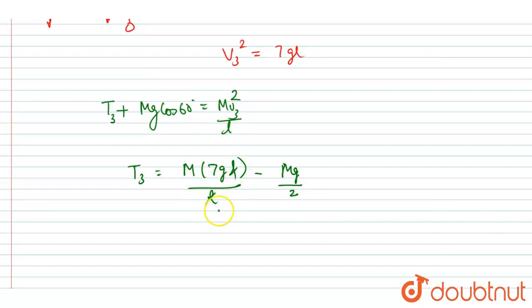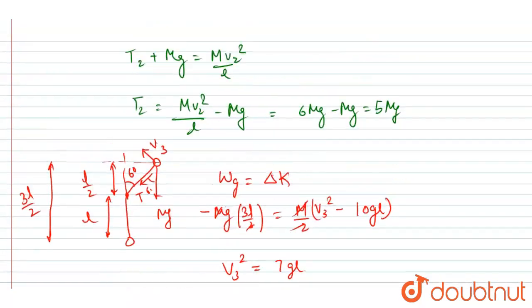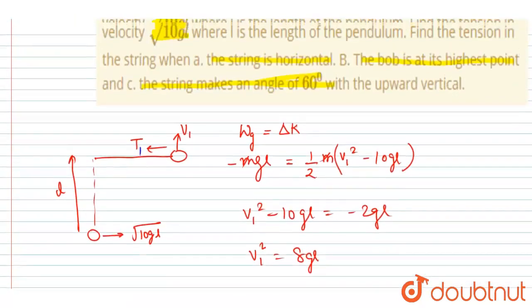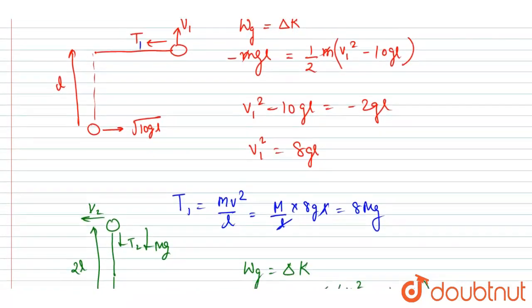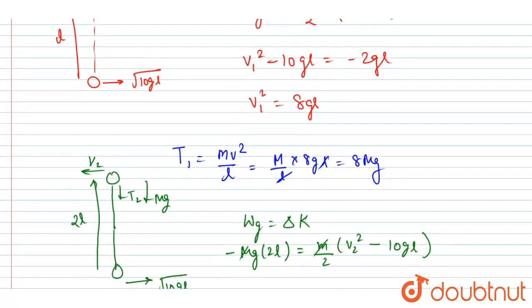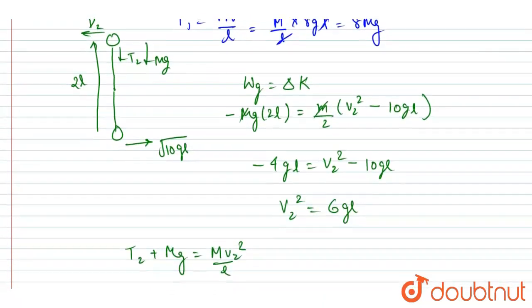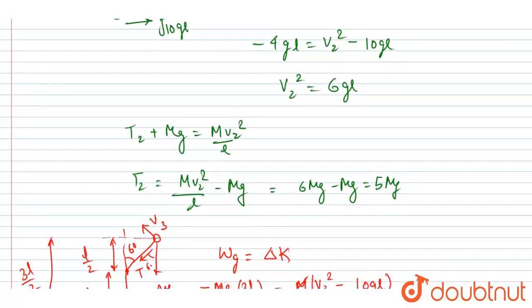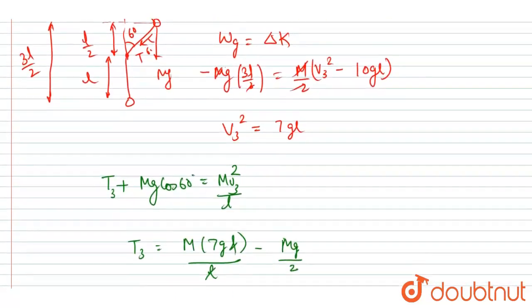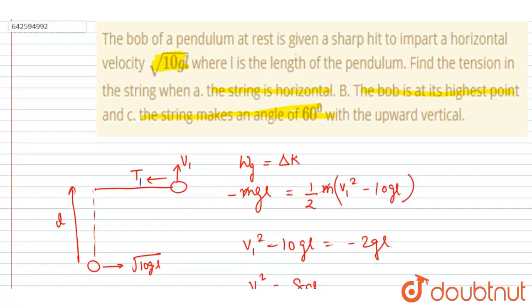So you'll get 7 mg minus 0.5 mg, so it will be 6.5 mg. So we got the tension in the string at three positions which we were asked in the question. In the first part we got the tension T1 is equal to 8 mg, in the second part we got the tension 5 mg, and in the third part we got 6.5 mg as the answer respectively.